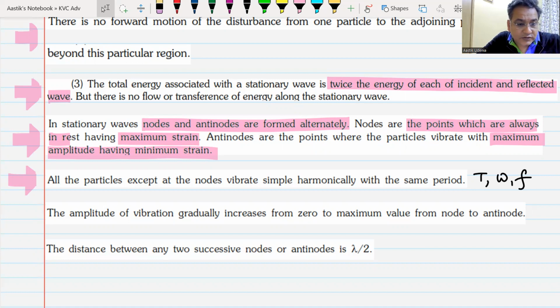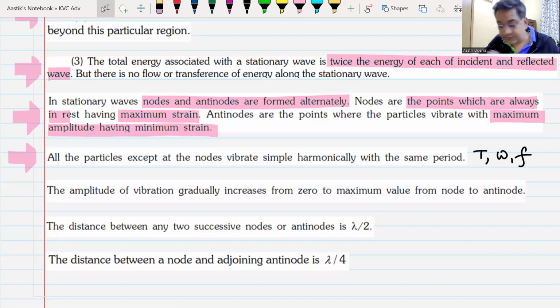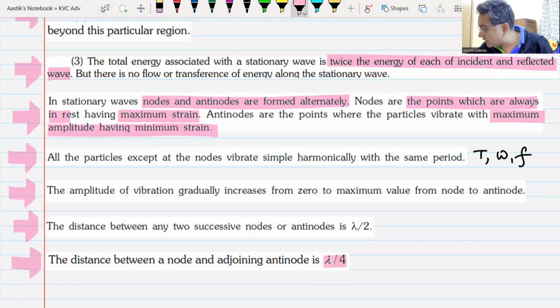Yes or no? The distance between any node and antinode has to be lambda by 4. Do we understand this? Is it going above our heads?